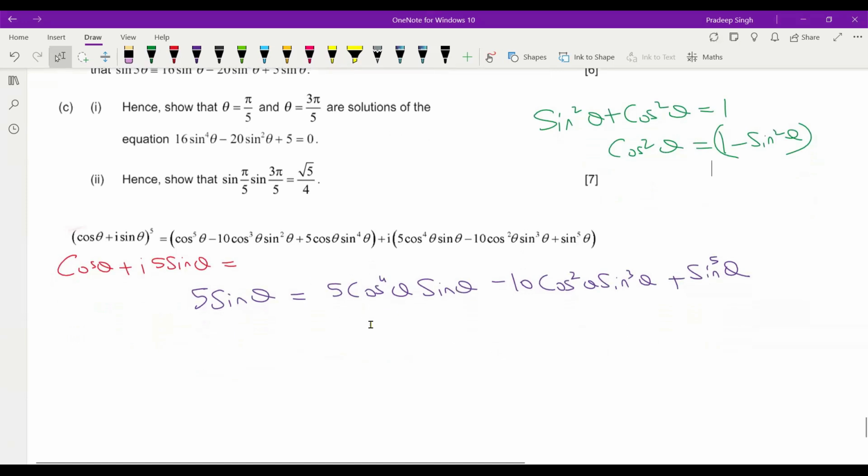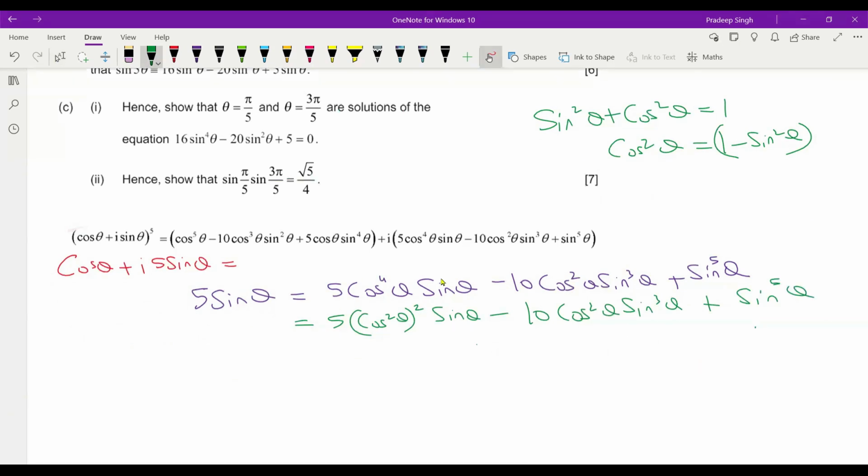Now let's use this to simplify our expression. In the first term, we have cos^4 theta. cos^4 theta can be written as (cos^2 theta) squared, so we have 5 times (cos^2 theta) squared times sin theta, minus 10 cos^2 theta sin^3 theta, and at the end we have sin^5 theta.